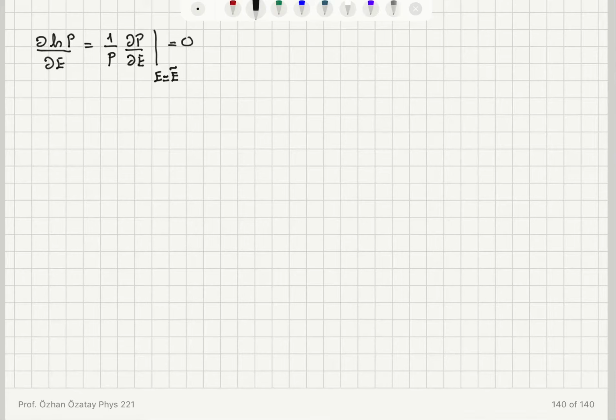All right? It's because it's the maximum. It's the maximum of the probability function, and it's the maximum of the natural logarithm of the probability function as well.